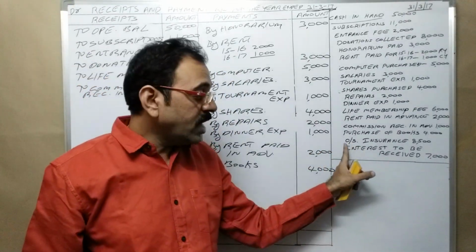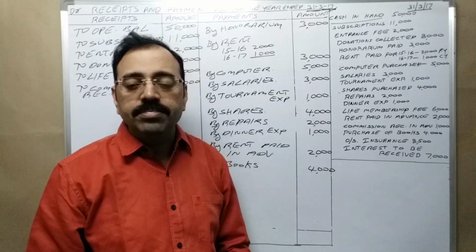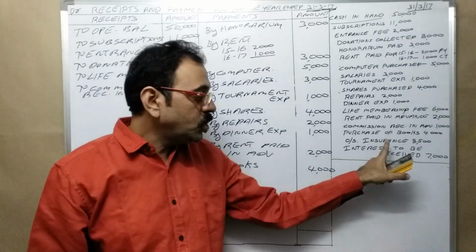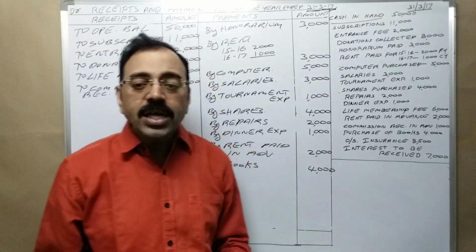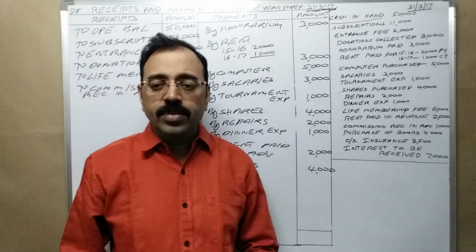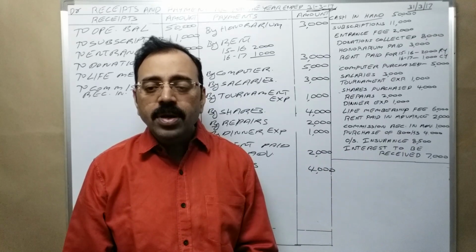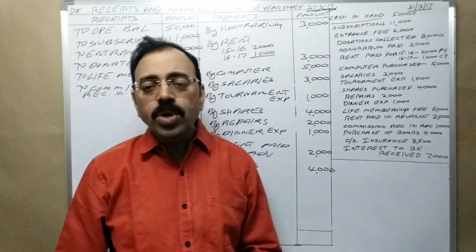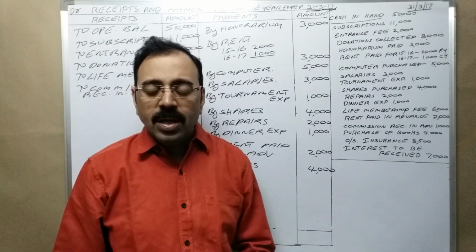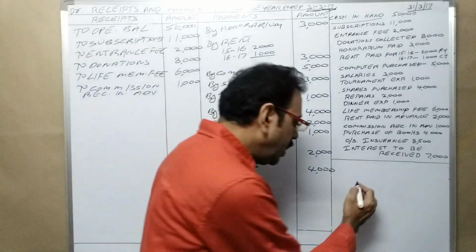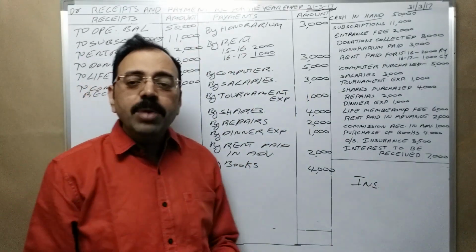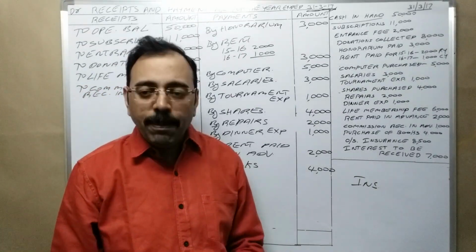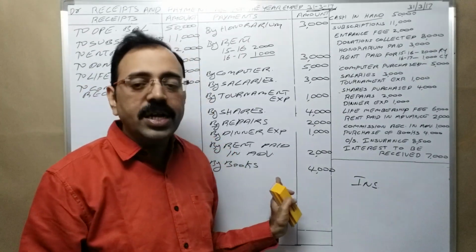Then, outstanding insurance. Whenever the word insurance is given to you, the exact meaning is insurance premium. We insured our property and we paid premium to the insurance company. If he gives only the word insurance, then the meaning is premium is paid. It's a payment, so write it on the credit side.